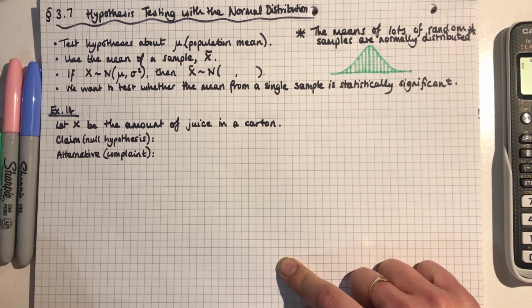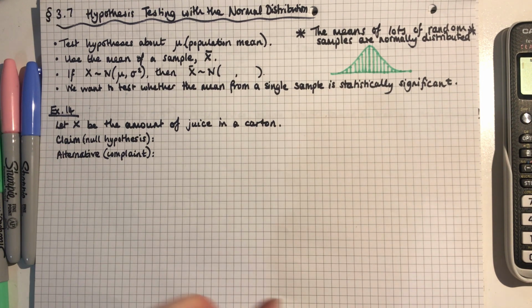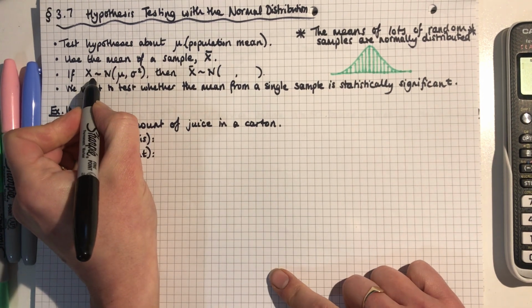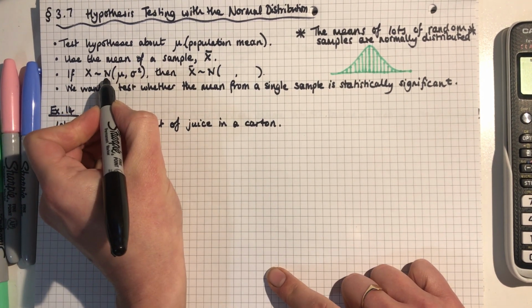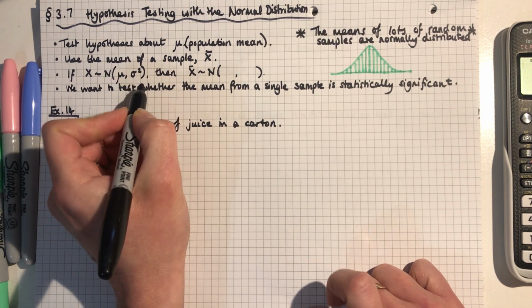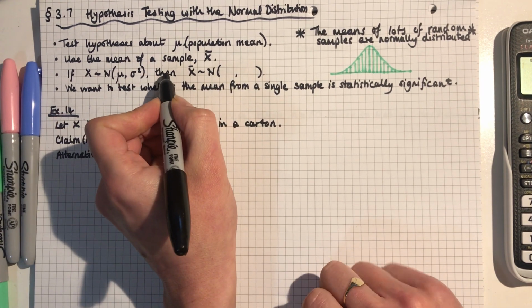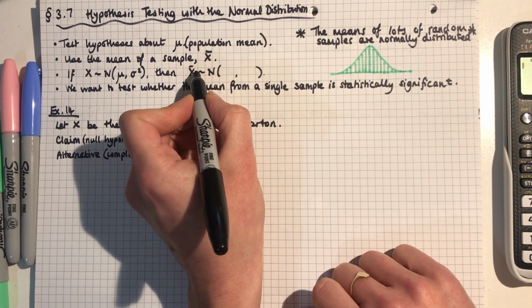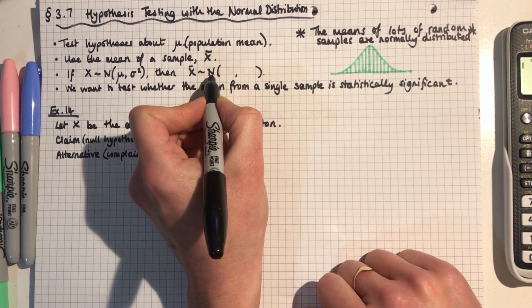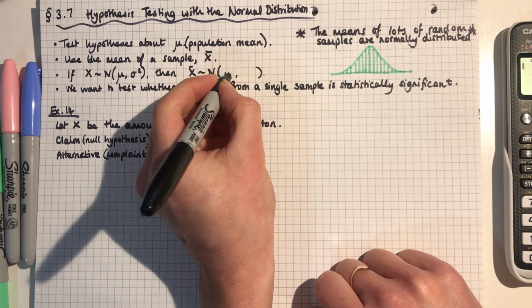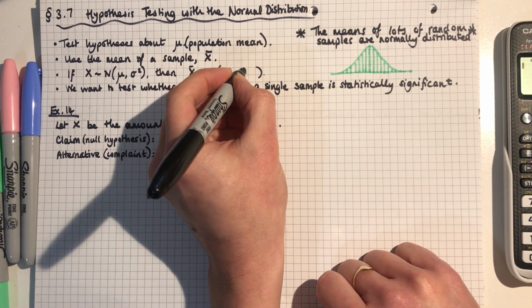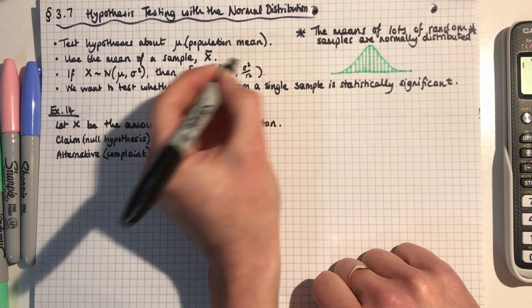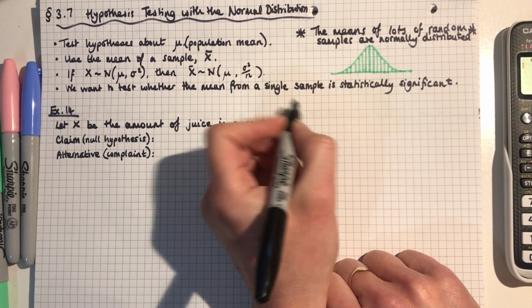So if we have a random variable X, which is normally distributed with mean mu and variance sigma squared like we're used to, then if you take a sample, the sample mean, X bar, is also normally distributed with a mean mu, but a variance sigma squared over n, where n is the sample size.